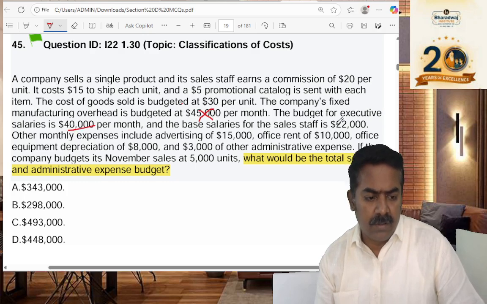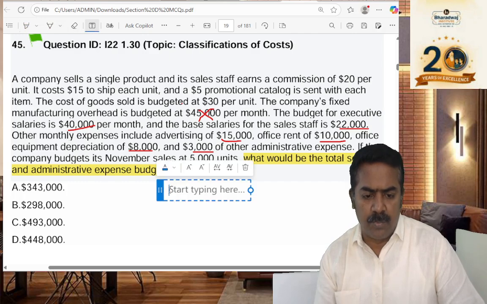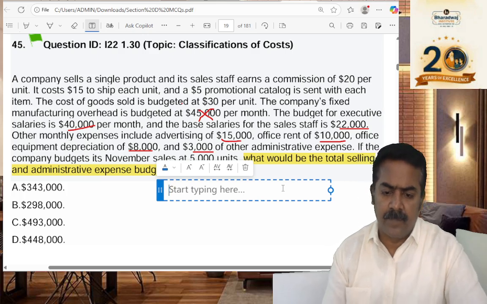40,000, 22,000, 15,000, office rent 10,000, office equipment 8,000, 3,000 other administrative expenses. Add up all the red lines and depreciation is also part of which one? Fixed expenses.